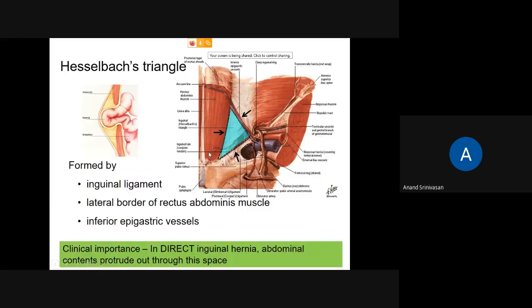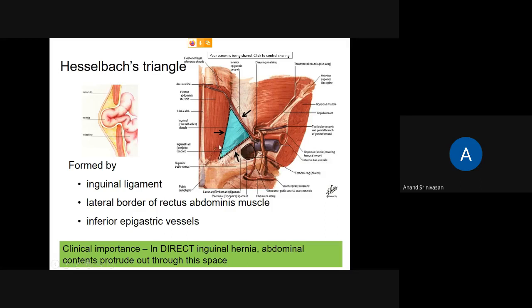In case of direct inguinal hernia, because there is a weakness here, they just need to pull out the fascia and stitch it along with the lacunar ligament, reinforcing the weak spot in the anterior abdominal wall.